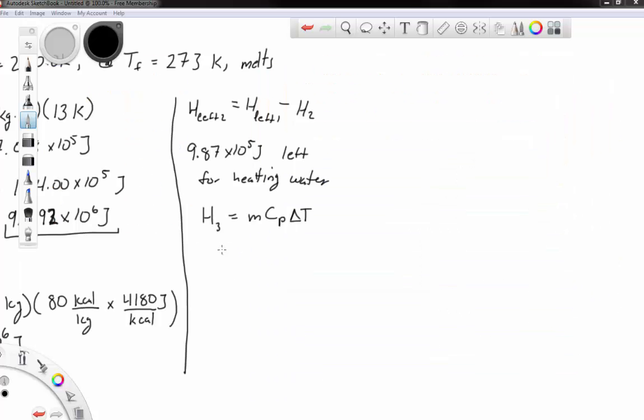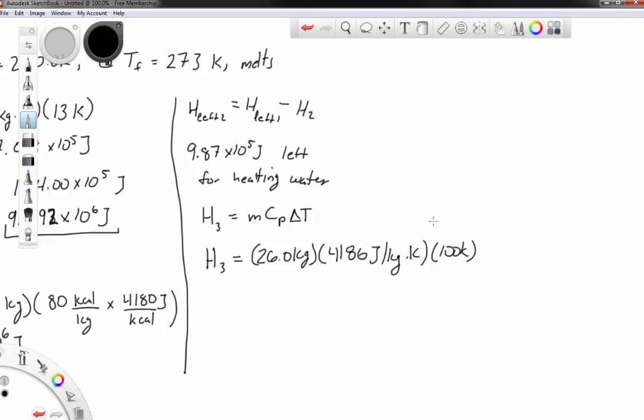Alright, so the heat needed to get to boiling would be 26 kilograms of water times 4,186 joules per kilogram Kelvin times 100 Kelvin.